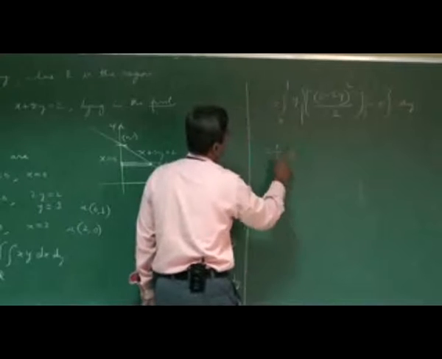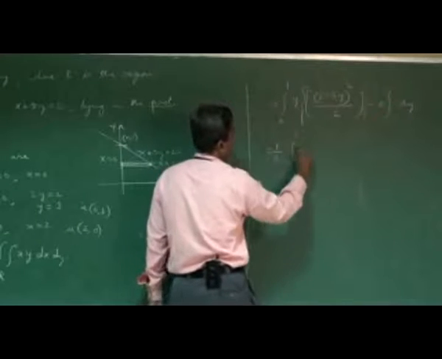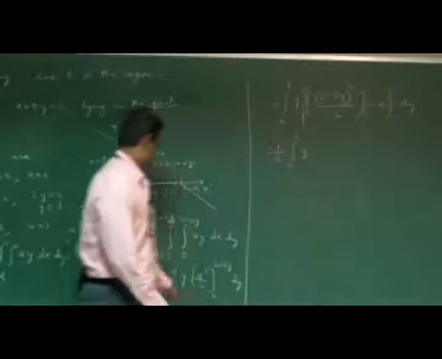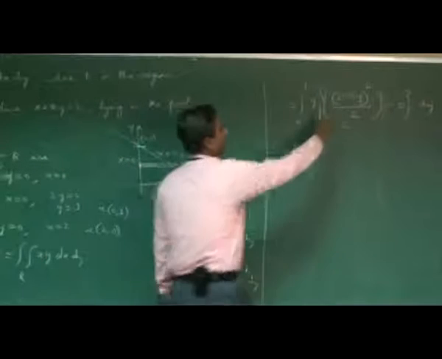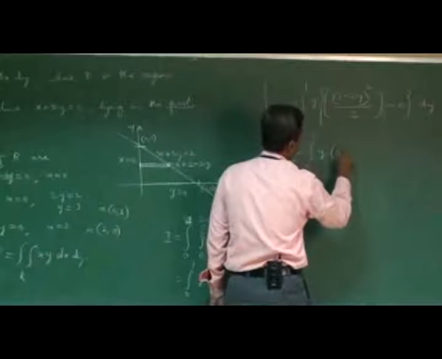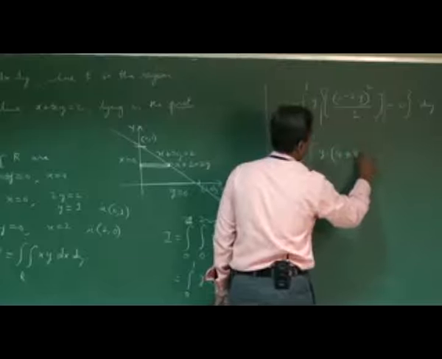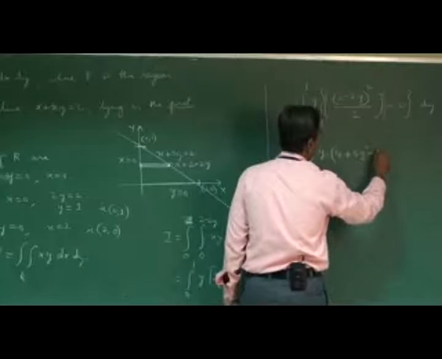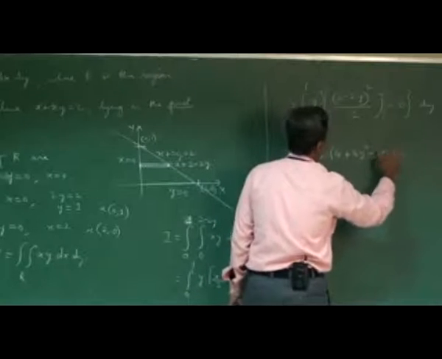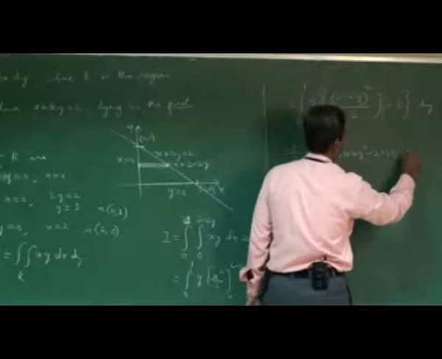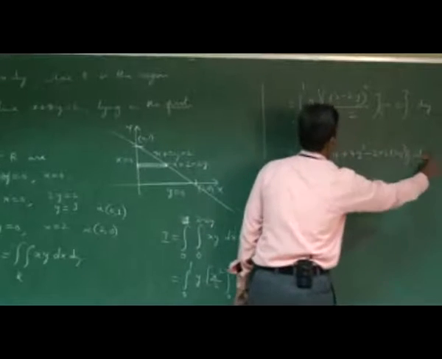So we get 1 by 2 times the integral from 0 to 1 of y into 2 minus 2y whole squared. Expanding, that is 4 plus 4y squared minus 2 into 2 into 2y, sorry, 2ab, 2 into 2y, dy.